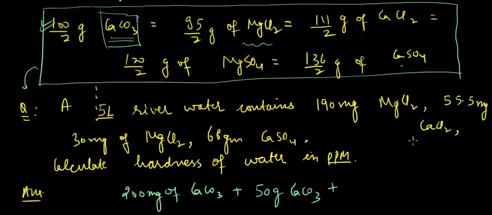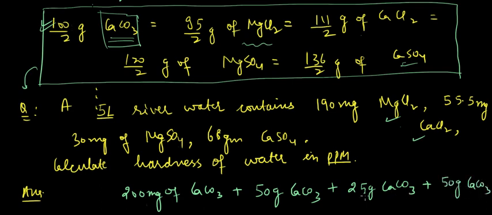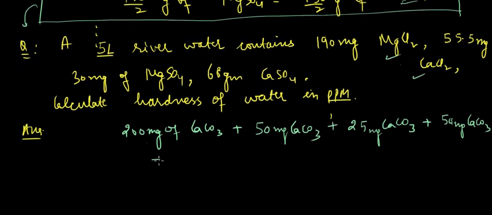So MgCl2 is done, CaCl2 is done. Then 30 mg of MgSO4; there was some mistake in writing the question. 30 mg of MgSO4 would be divided by 4, which is 25 mg of CaCO3, plus 68 mg of CaSO4 divided by 2, which is 50 mg of CaCO3.